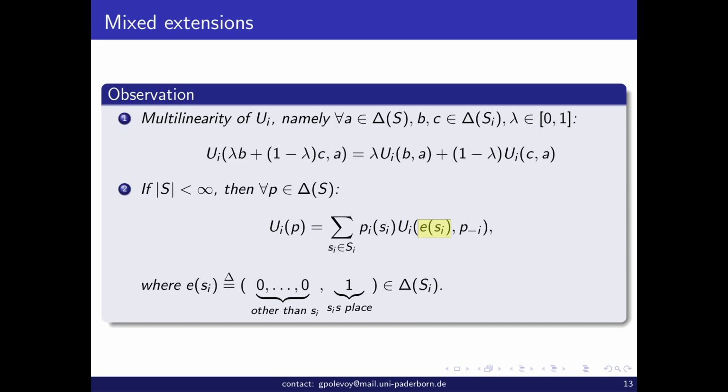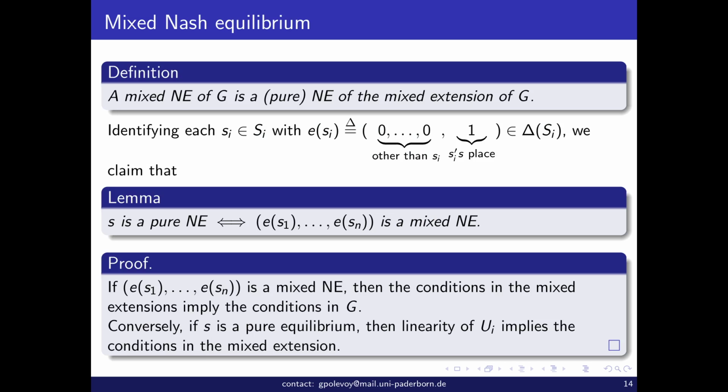So instead of getting the pi inside the Ui, we can get it outside. That's simple again. That's from the linear definition of Ui. So we have these properties. And now we are getting closer and closer to proving the famous Nash theorem.